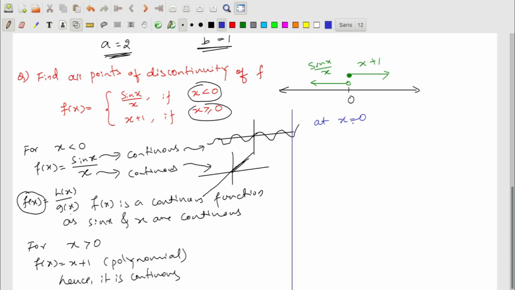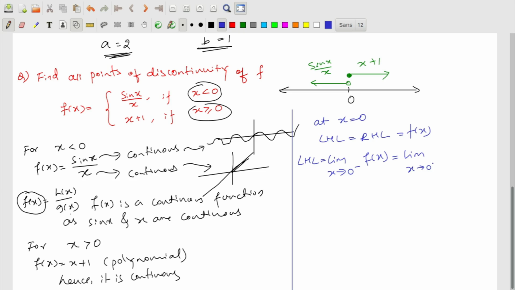So now when you are checking the continuity of the function at a specific point, you need to first check LHL, RHL, and then f of x. If all these three are same, then we call the function a continuous function. So now let me start with LHL, that is limit x tends to 0 minus.